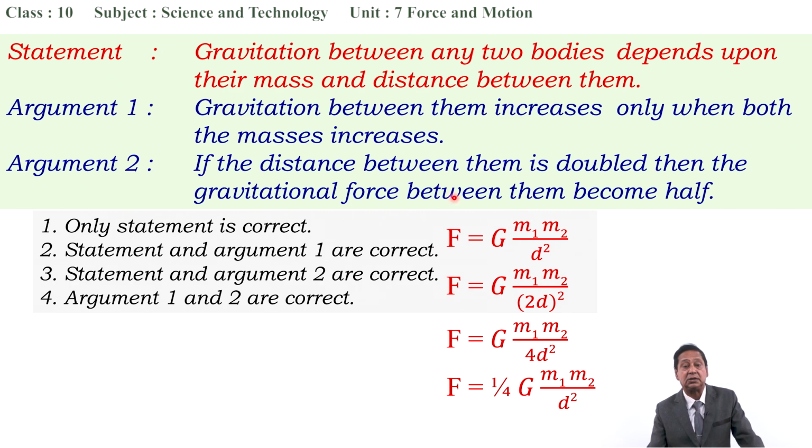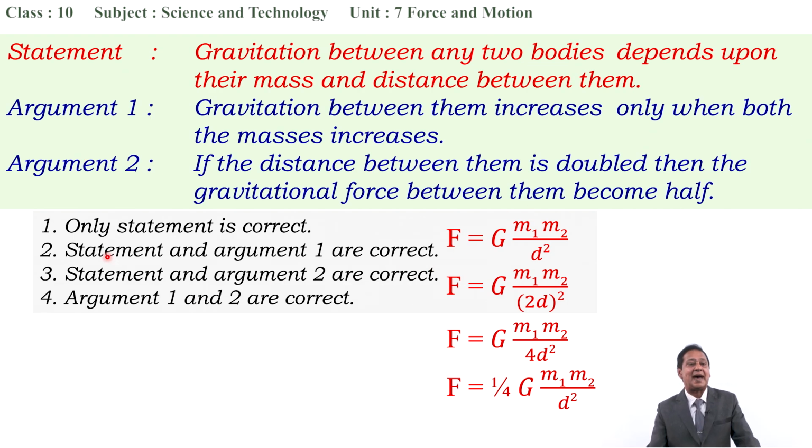It means if the distance between them is doubled, then the statement that the gravitational force between them becomes half is wrong. The gravitational force between them becomes one quarter, 1/4 only, not half. So this argument 2 is also incorrect.